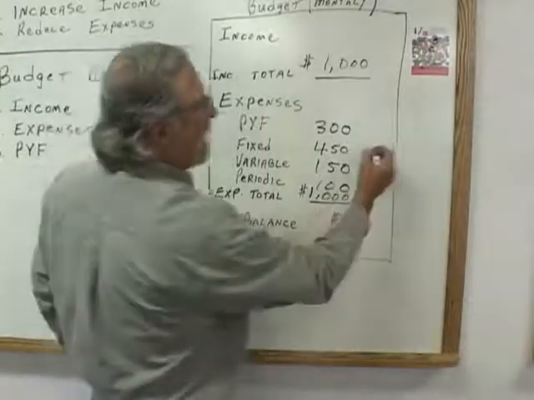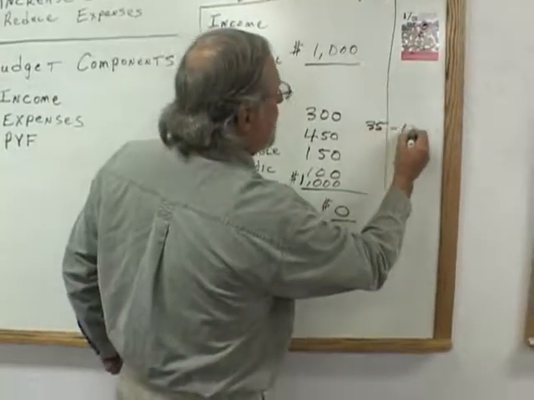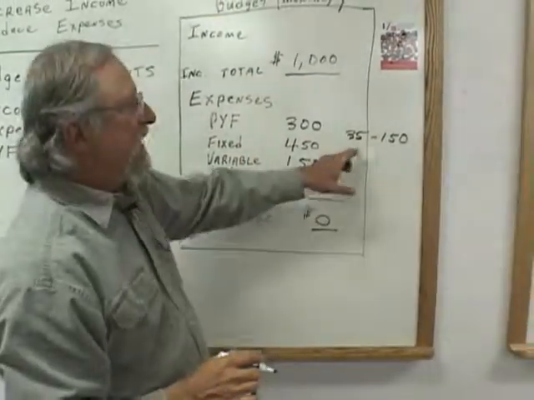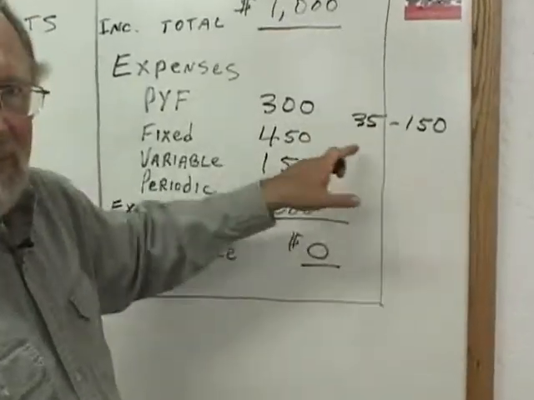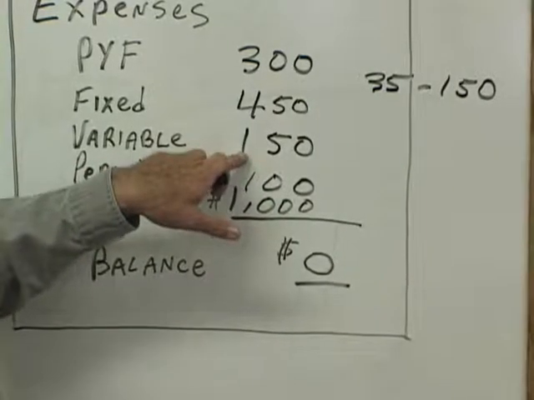So we would have a range of 35 to 150. One thing you can do is average that, and then take that variable expense average and plug it in here and come up with a specific number.